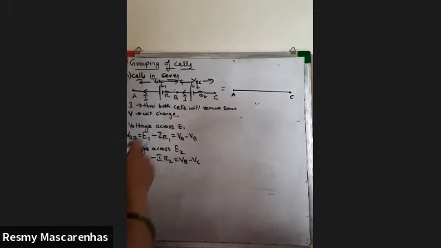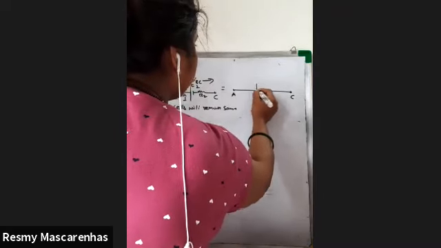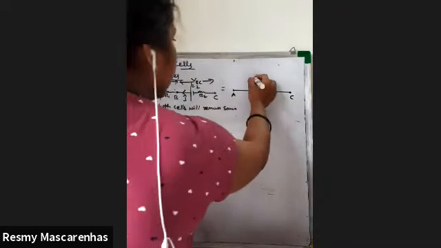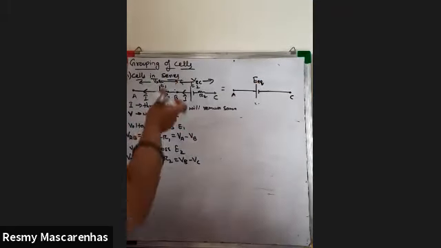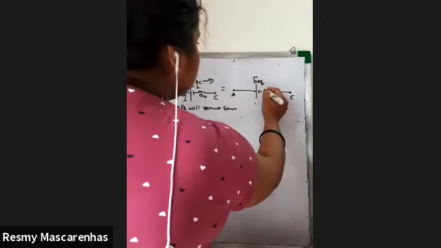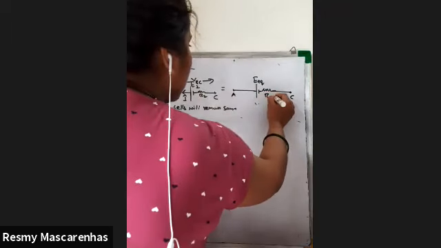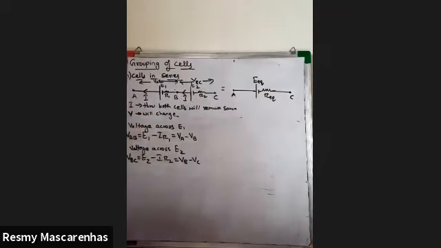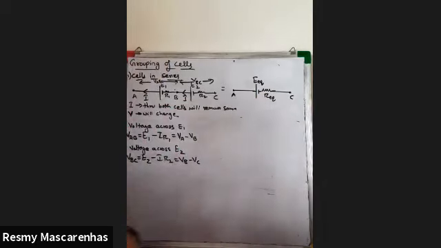After solving, you have to combine them and make a single cell, which will be called E12. E1 and E2 combine to give us an equivalent, and the internal resistances of both combine to give us R equivalent. This is what we want. So finally we want the value for E equivalent and R equivalent.